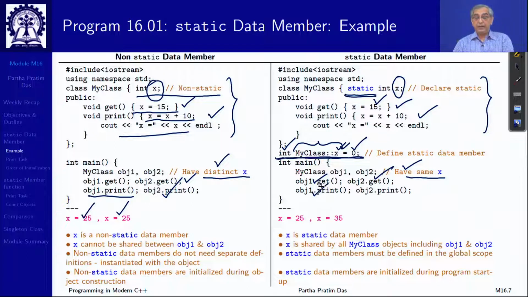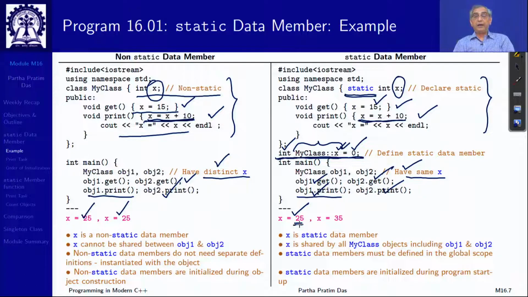Now, when I do print, x gets incremented by 10. So, it prints 25. Then when I do print the next time, x is 25, because it is the same x. Here I had a different x. So, 15 incremented to 25, 15 incremented to 25, but here it is the same x, so it is already incremented to 25.